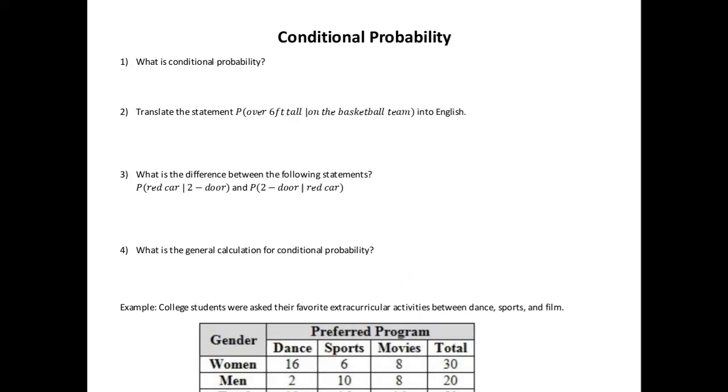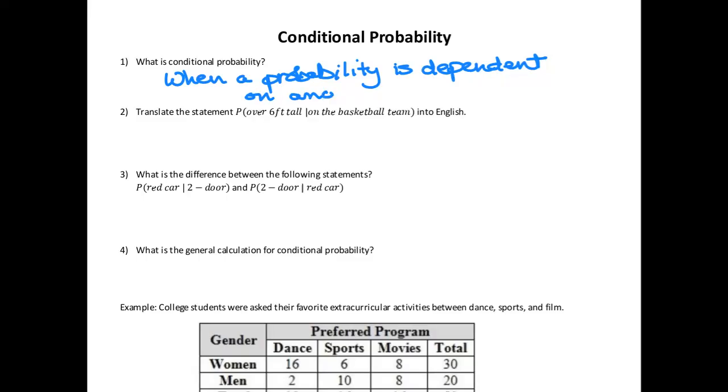Conditional probability. Conditional probability is when a probability is dependent. When probability is dependent on another event.